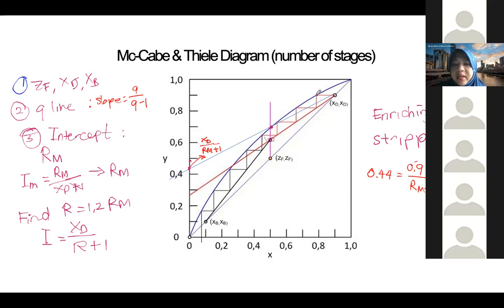So this is your first stage. If you use a total condenser, then this is your stage one, which would be in the column.